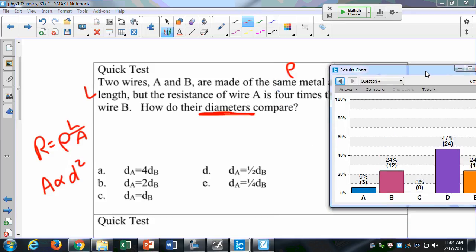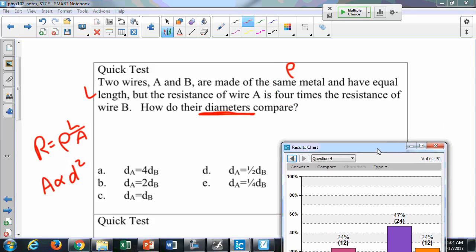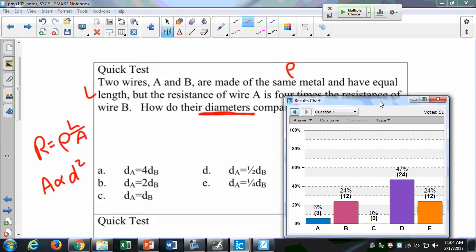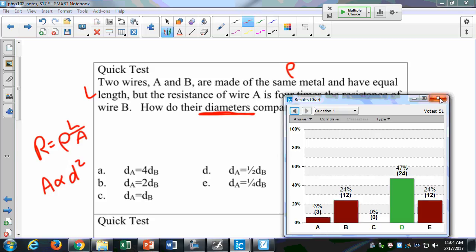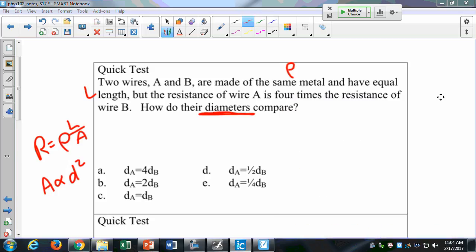Okay, we're sort of all over the board, and he is right. First of all, you just want to ask yourself which of these has the smaller diameter. Well, the resistance of wire A is bigger than the resistance of wire B. If it has a bigger resistance, does that mean it has a big cross-sectional area or a small one? Small, right.